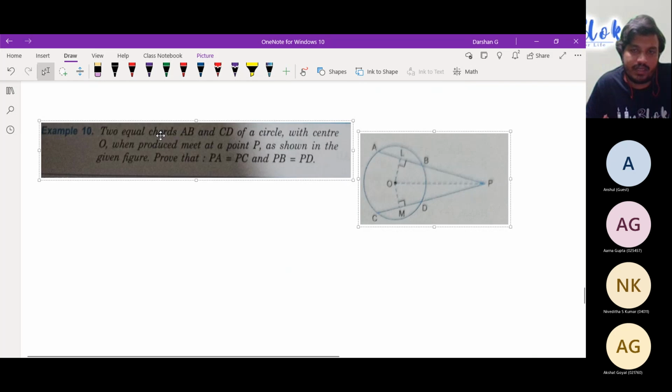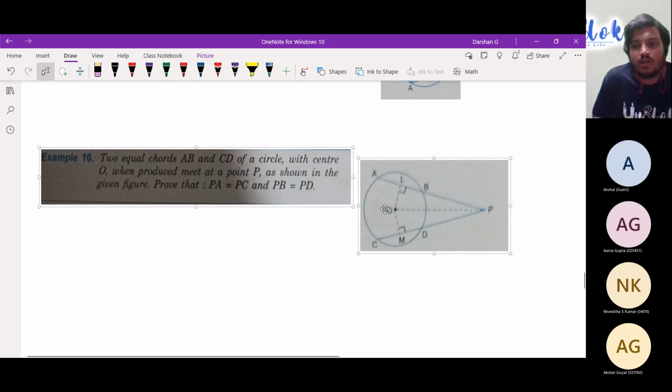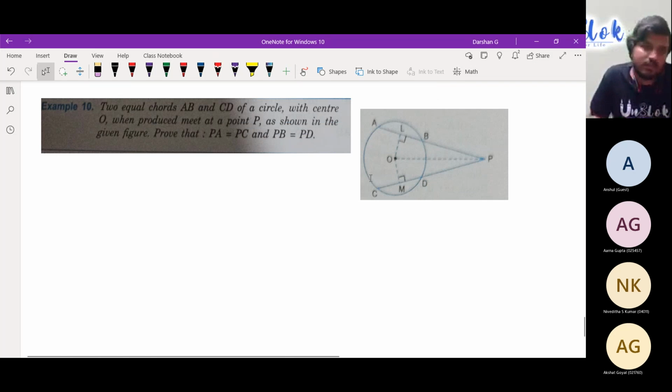Two equal chords AB and CD of a circle with center O are produced to meet at point P. Show that in the given figure PA equals PC. It's also simple, but you have to try slightly and then get the answer.